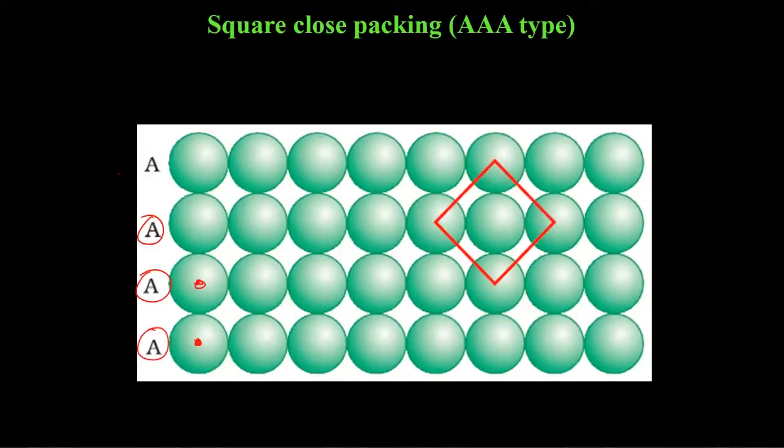The previous one, where the lines are exactly one over the other, is known as square close packing.